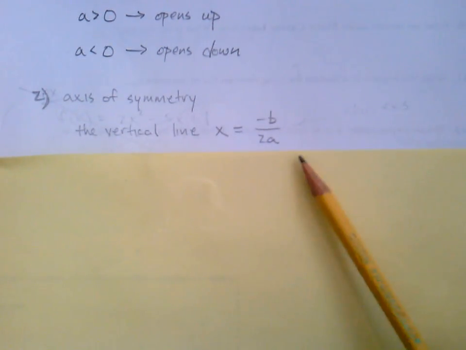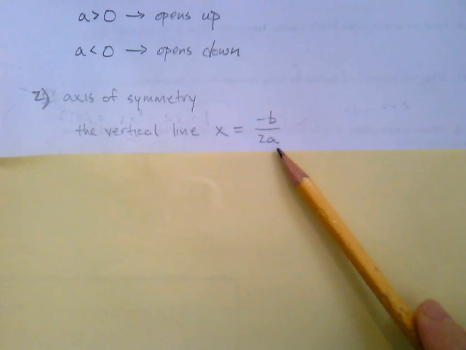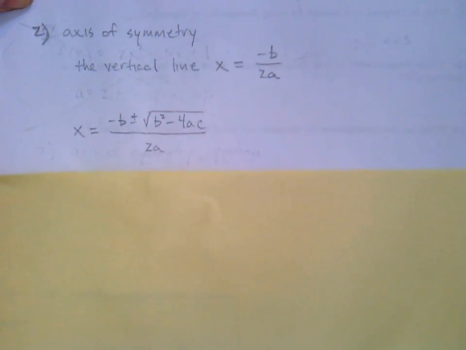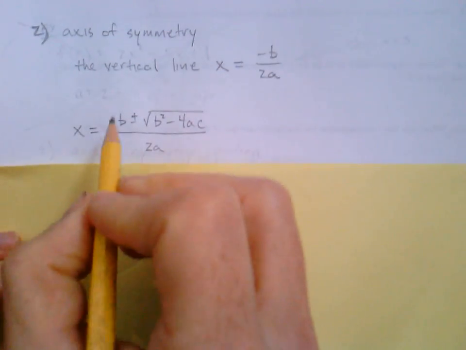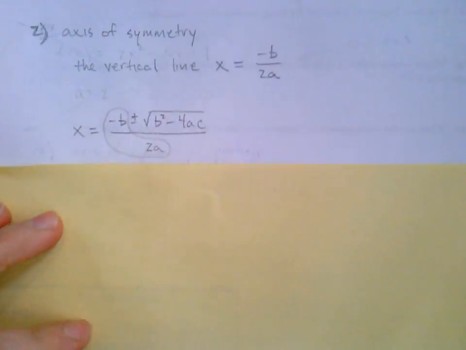Why would the vertical line pass through the x value negative b over 2a? Well, maybe that almost seems vaguely familiar. This is the explanation of where that comes from. If you remember the quadratic formula, isn't negative b over 2a part of this formula? We can see it right here if we ignore the plus or minus square root piece.